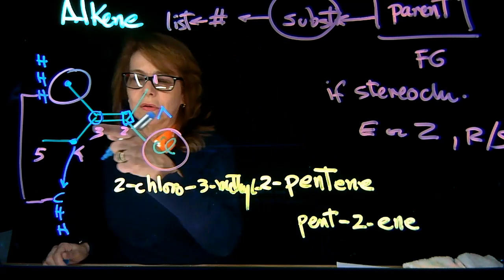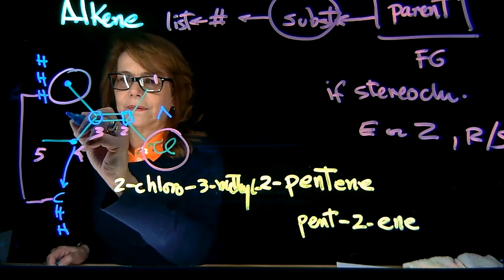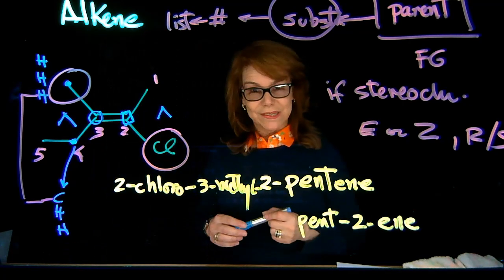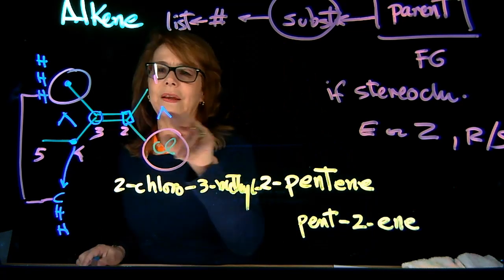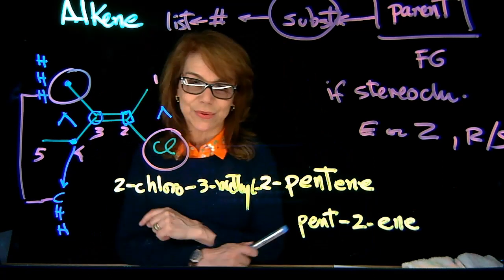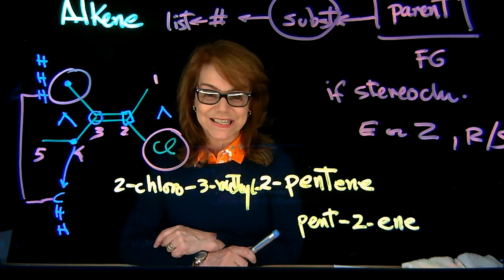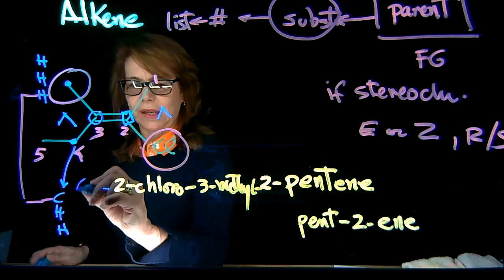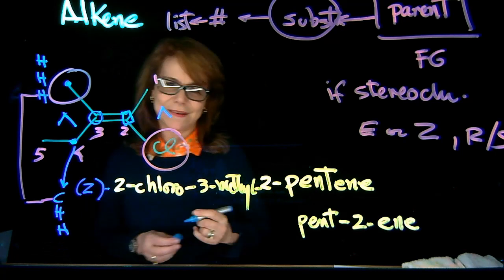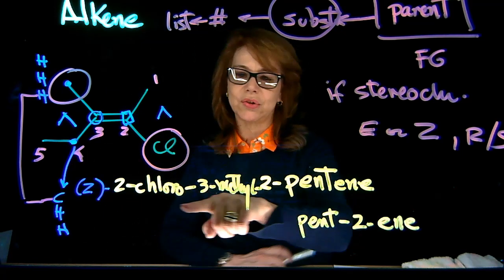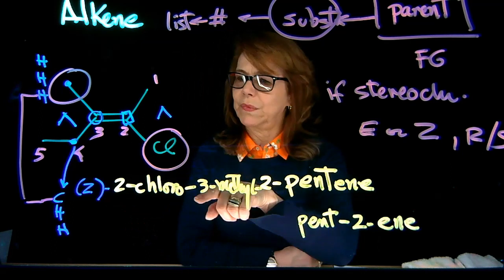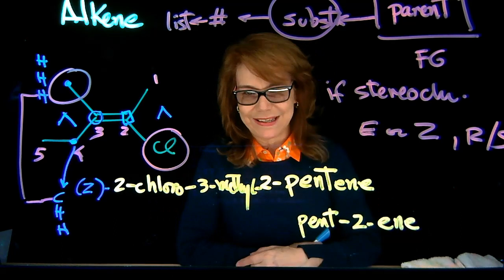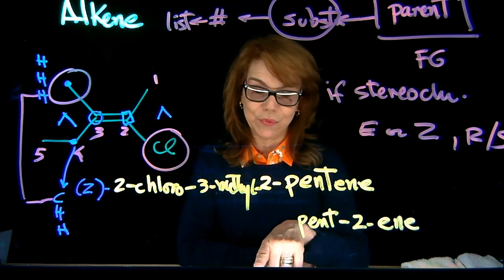So overall, this chain down here has higher priority, the ethyl group over the methyl. Once I have done that, I know the higher priority groups are on the same side, so that is a Z isomer. I can complete that name by saying this is Z-2-chloro-3-methyl-2-pentene, or using pent-2-ene. We're going to do more problems about that.